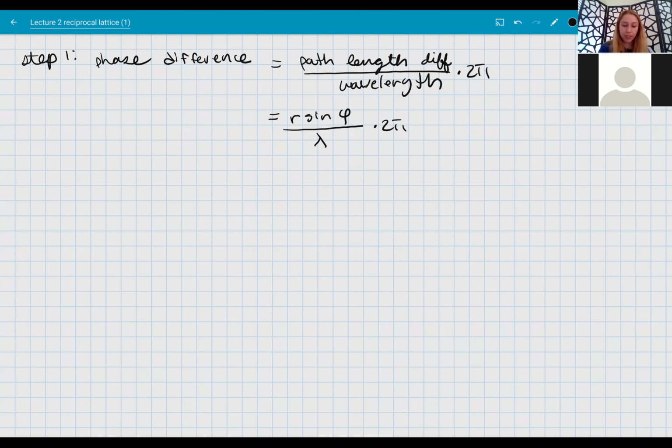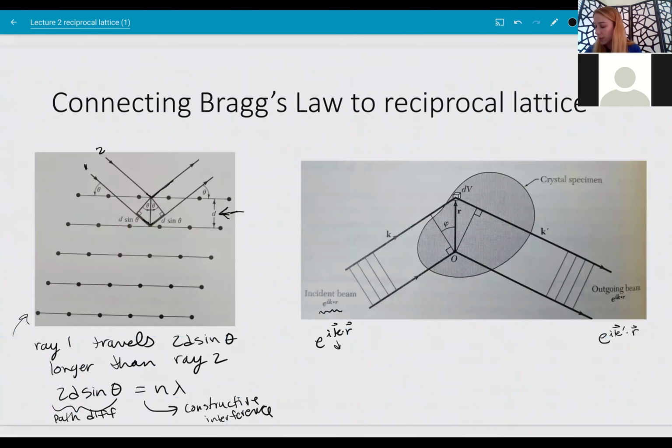Let me go back to the previous slide to give a little more information. Basically phi is right here, and it is the angle between the vector r that connects the origin to this point labeled dV, and the perpendicular to the wave right here.